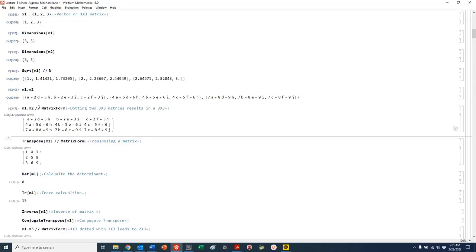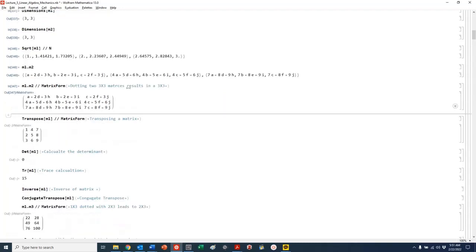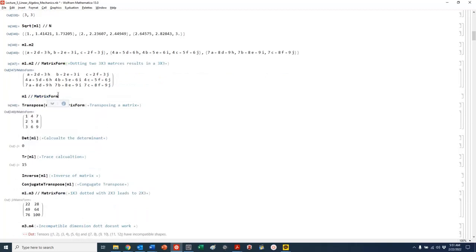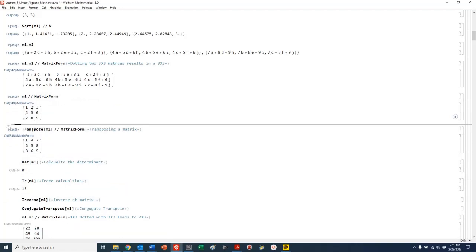These will be very important when we get into rotations. I could dot 2 3x3 matrices, and that's going to give me a 3x3. So you're going to see what dimensionalities we can get. I can also transpose a matrix. If I look at M1 in matrix form, the transpose is just flipping everything across my diagonal.